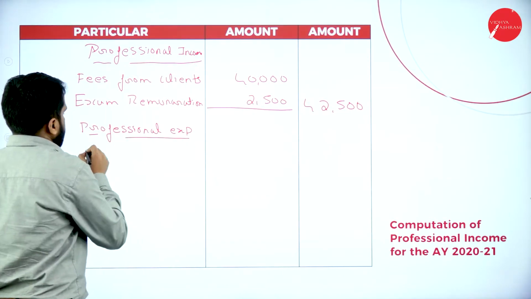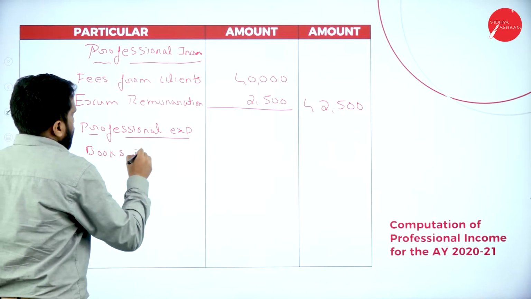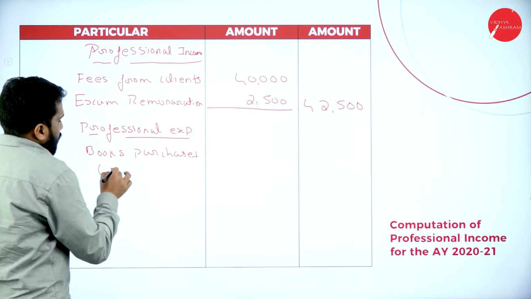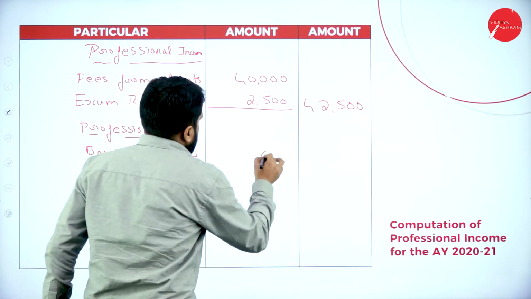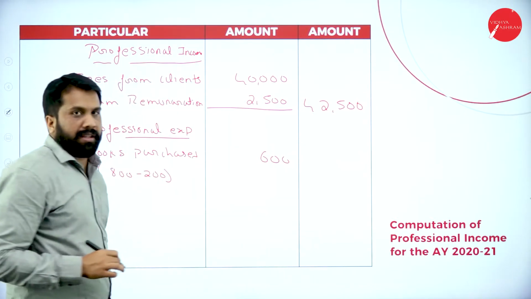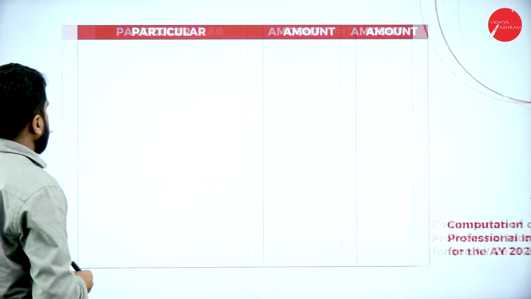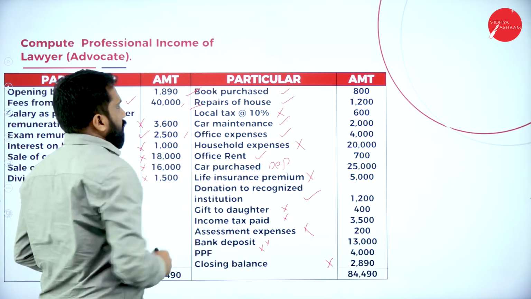In this, books purchased. It will be how much? 800 minus 200. Your answer is 600. Hope you are clear. 800 minus 200, your answer is 600.